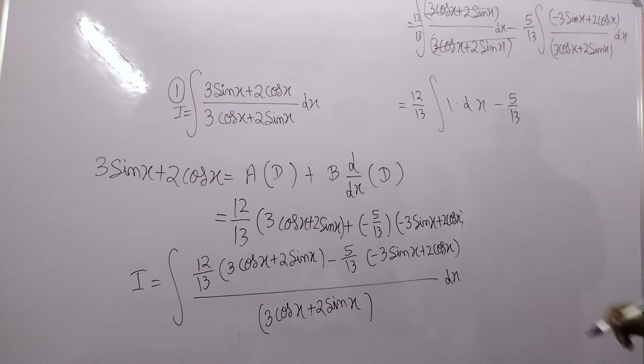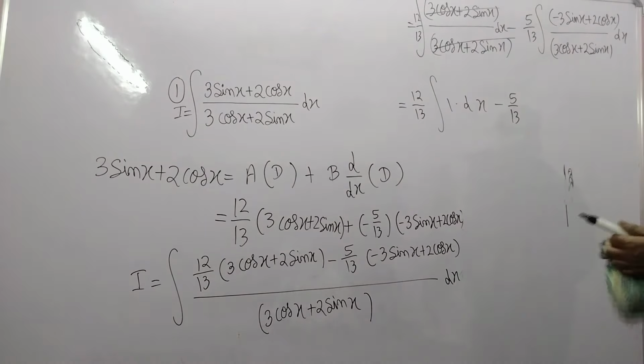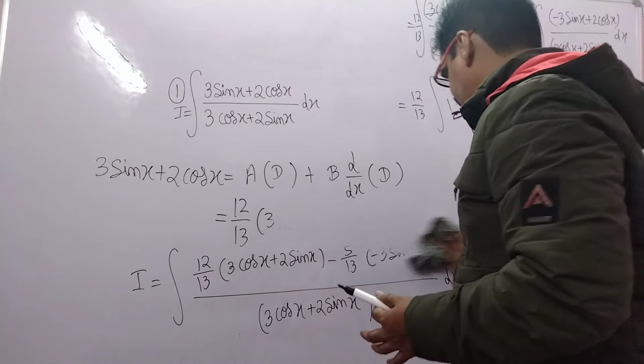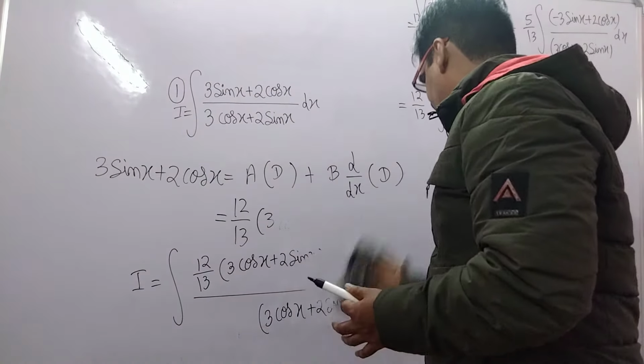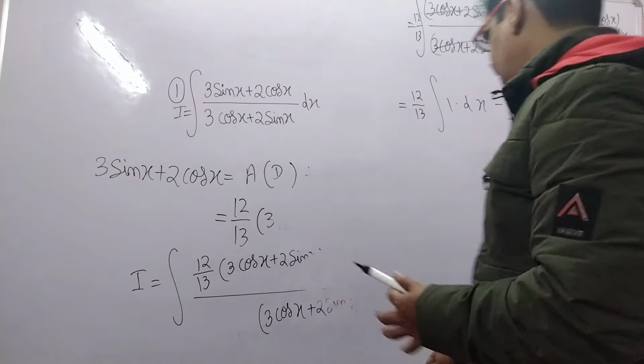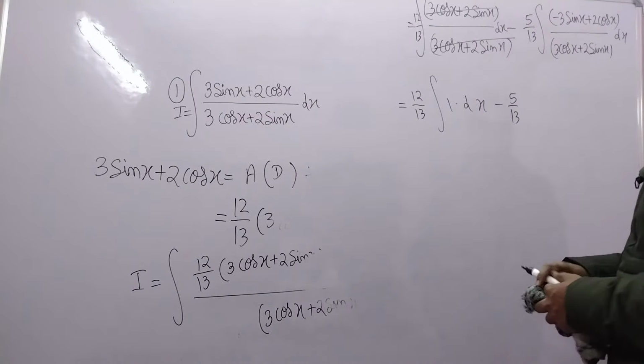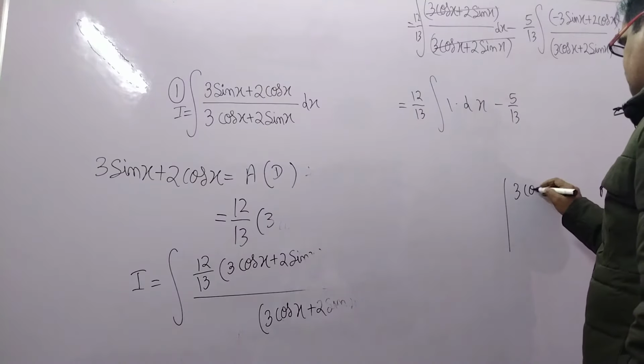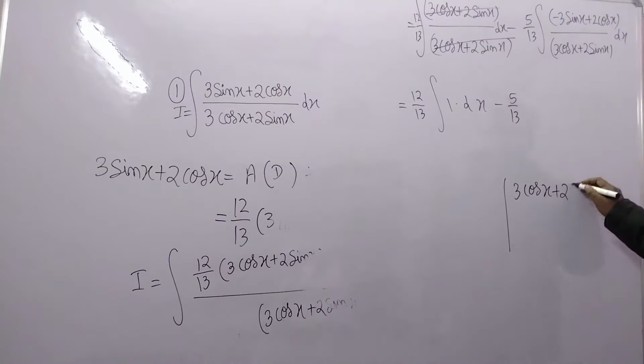For the second integral, we solve it by integration by substitution. We suppose 3 cos x plus 2 sin x equals t.